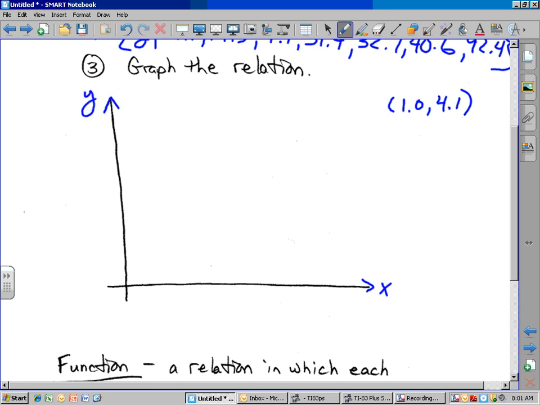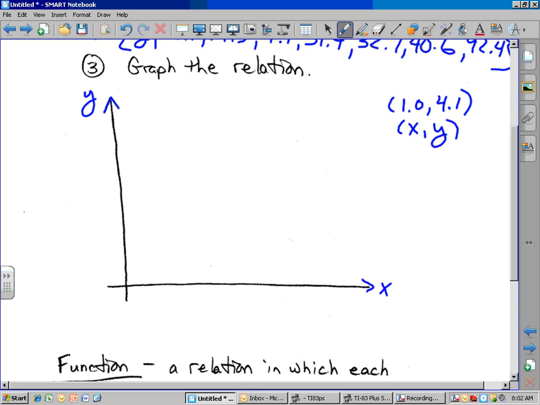Which number is the x? Which one's the y? Yeah, all ordered pairs are x, y. Remember, the domain represents the first element, or x. So tell me, how do I graph 1.0, 4.1?